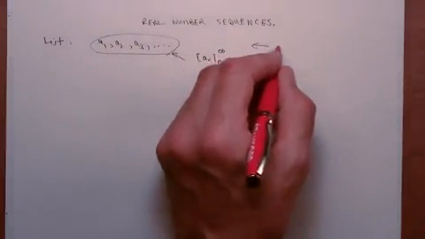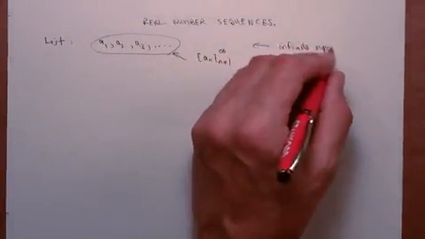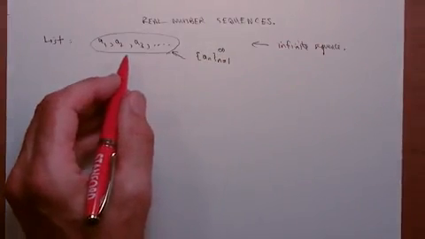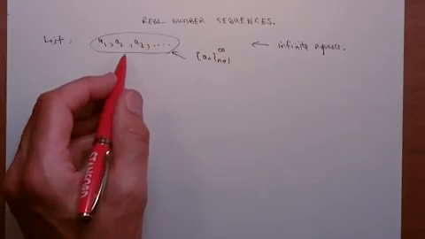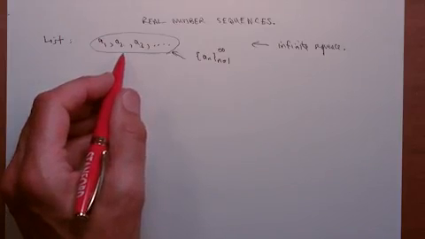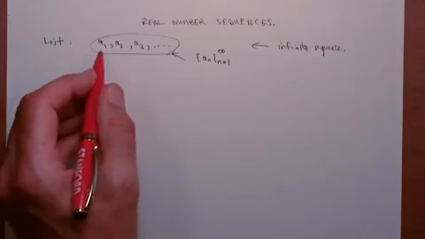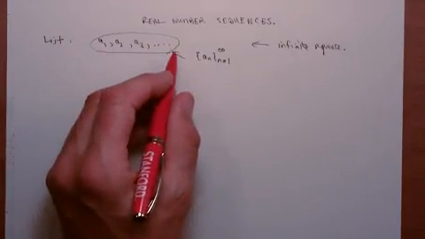And this is what's called an infinite sequence. If you look in textbooks, you'll find a more formal definition that a sequence is a function from the set of natural numbers into the real numbers. But for the purposes of what I want to talk about here, it's enough to think of it simply as an infinite list of real numbers.